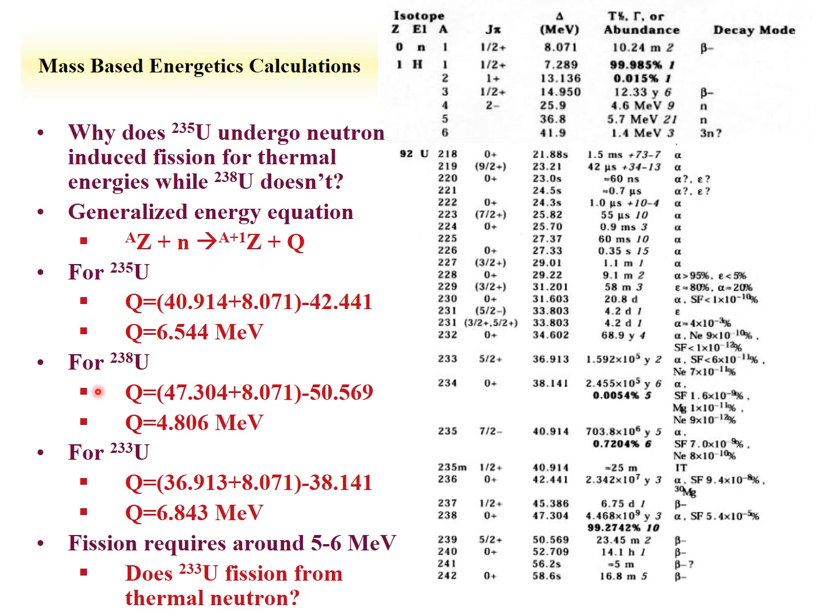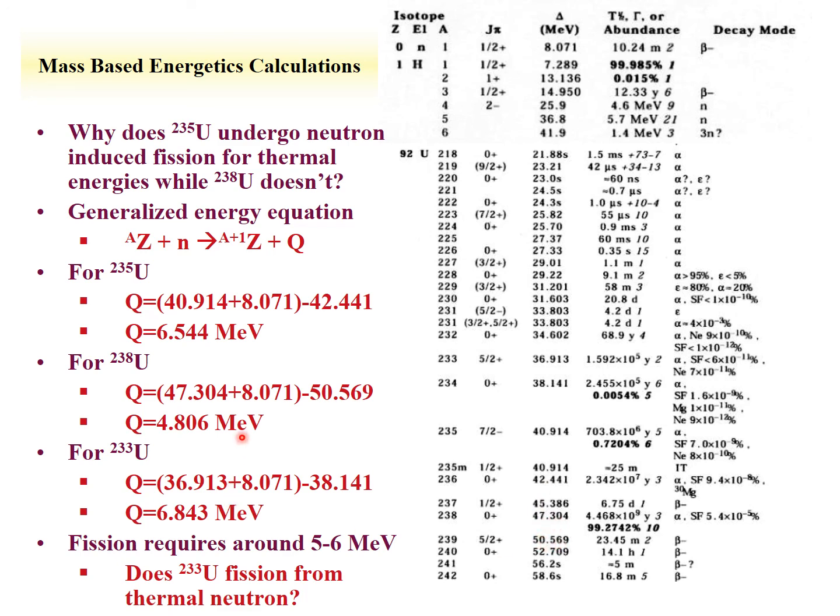We can determine the mass excess values here. Here's the neutron, uranium-235, uranium-236, uranium-238, uranium-239. We get that the Q value for the uranium-238 reaction is about 4.8 MeV, and the Q value for uranium-235 is about 6.5 MeV.